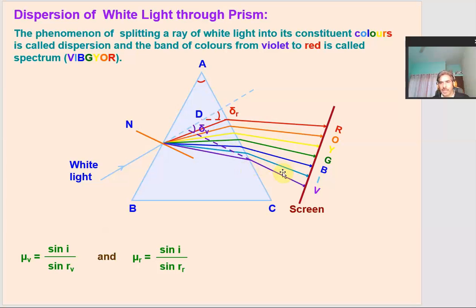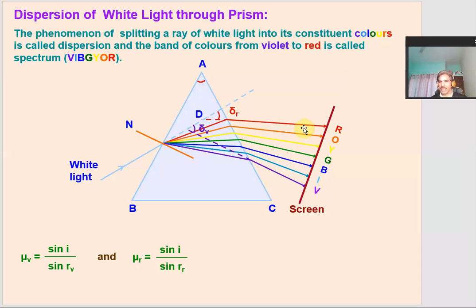So the 7 different colors will suffer deviation at different angles due to the different refractive indices of the prism for these colors, due to their wavelengths. The red color, which has the highest wavelength, has the least refractive index, and therefore the least deviation.